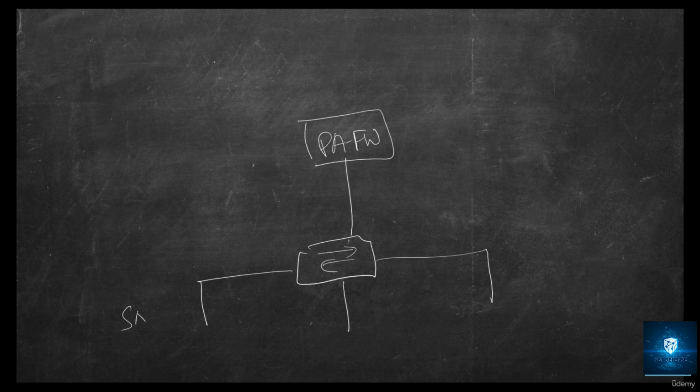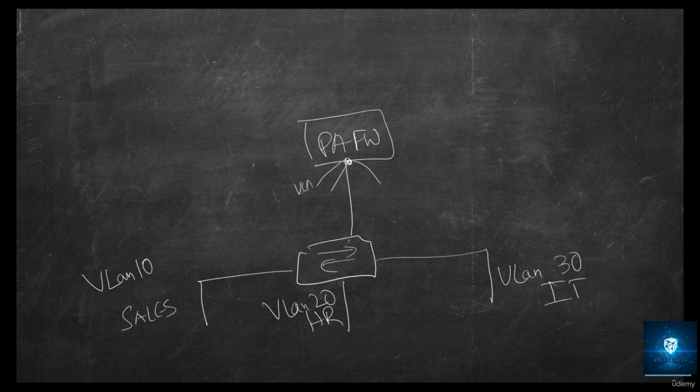This is your sales, your HR, your IT, right? These are on different subnets. Subnet means VLANs, so VLAN 30, VLAN 20, and VLAN 10. All right, and then you will create sub interfaces here, right? You will have 1, 2, and 3 VLANs. VLAN 10 here, likewise 20, likewise 30, and this would be kind of a trunk interface. All right, so this is the kind of deployment that sub interface is talking about.